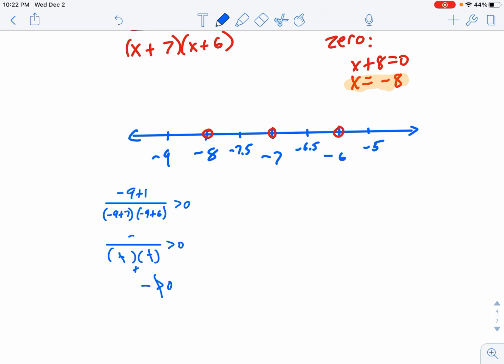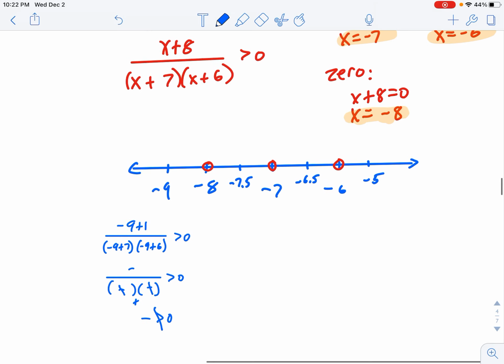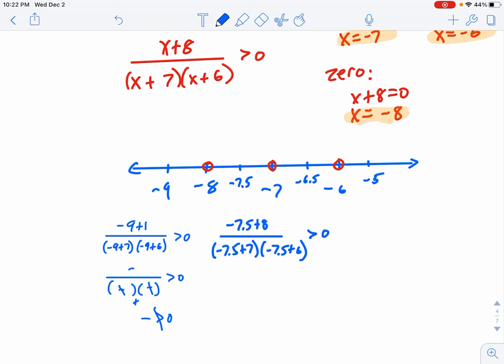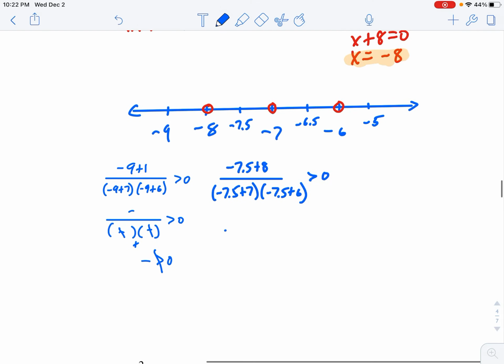Let's try that with negative 7.5. So that's negative 7.5 plus 8 over negative 7.5 plus 7, negative 7.5 plus 6. Is that greater than 0? So again, if we don't necessarily do the math, just sort of think it through, that is going to be positive, right?